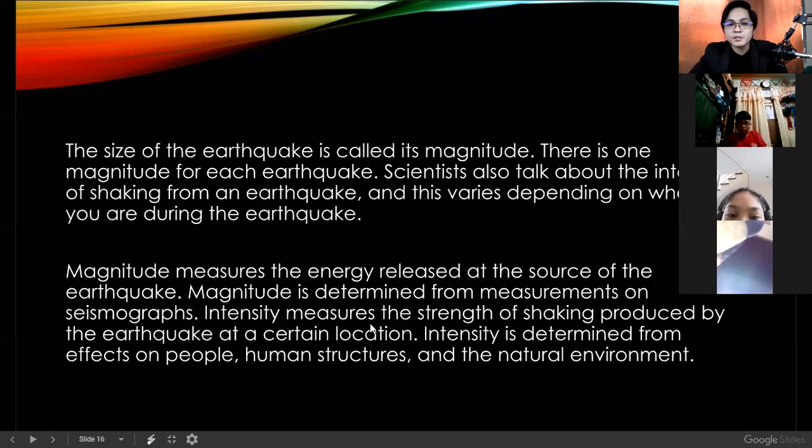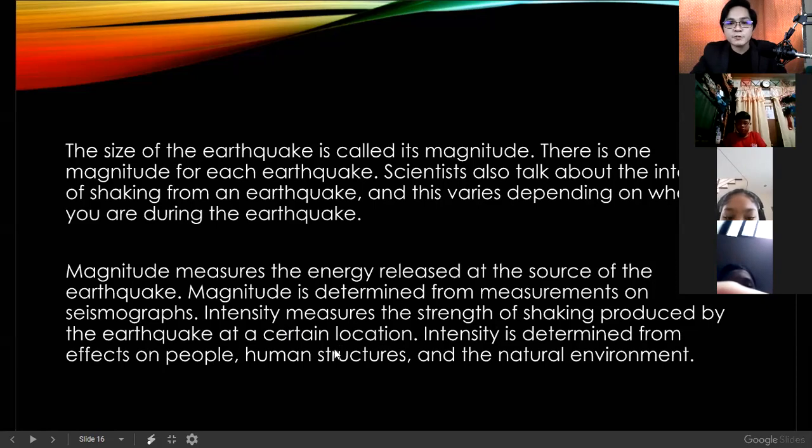Intensity measures the strength of the shaking produced by the earthquake at a certain location. Again, magnitude is the size of the earthquake, and it measures the energy released at the source of the earthquake. This is the one measured by the seismographs and seismograms.